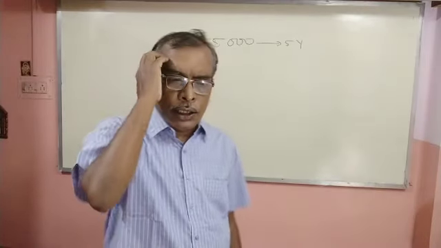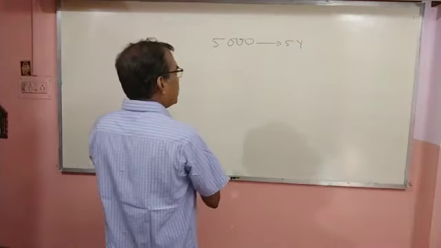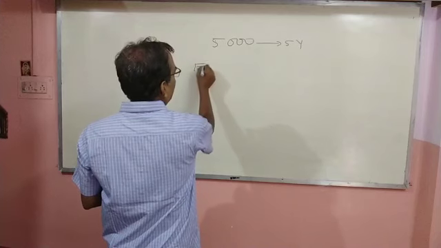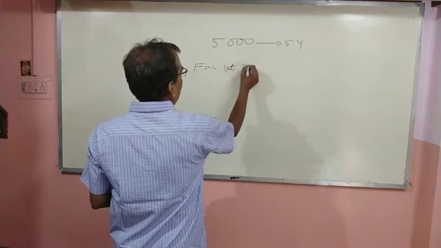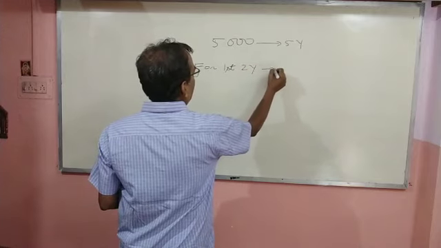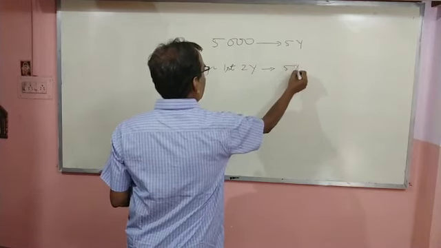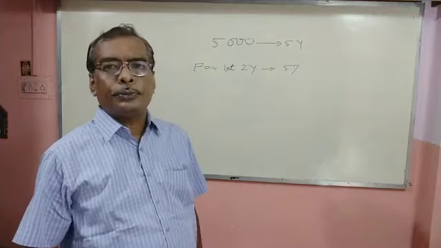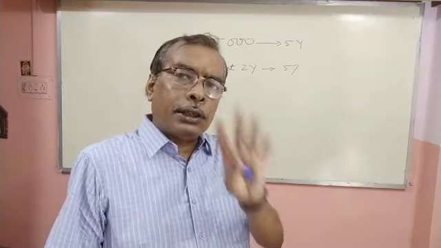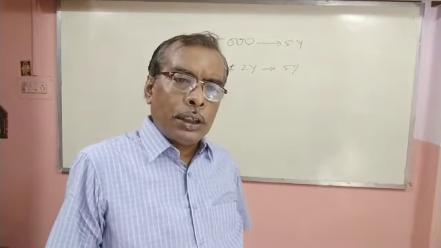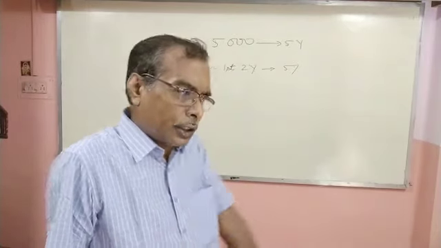For the first 2 years, they are charging me, say, 5% compound interest. And for the rest of the years, since I have taken the loan for 5 years, only 3 years are left.